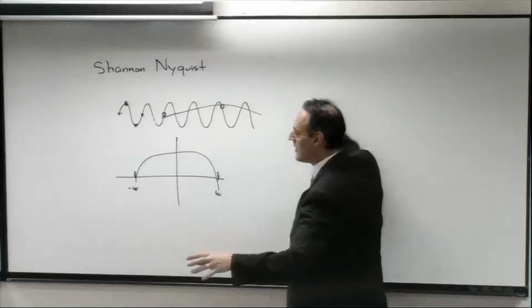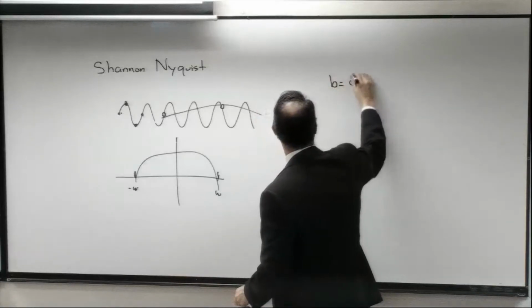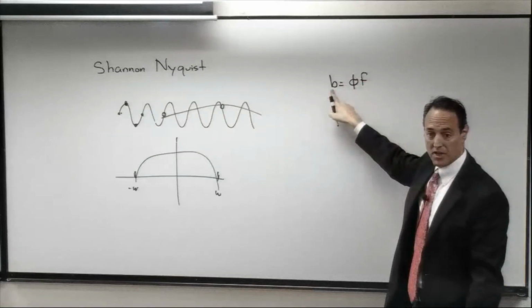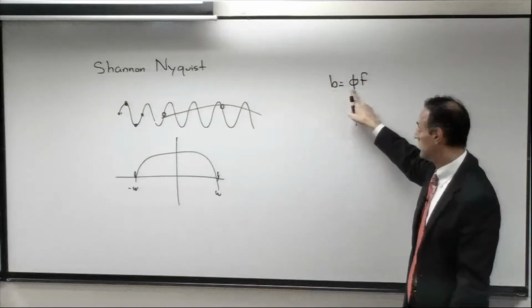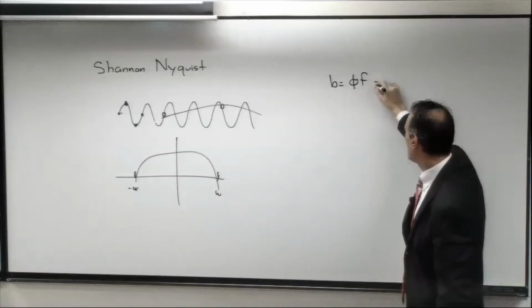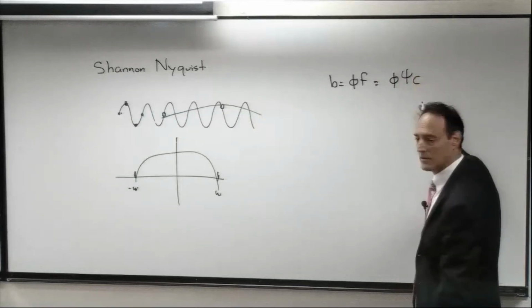Here it is. Ready? I have a signal. Actually, here's my measurement, which is a small set of measurements of the full signal. There's my measurement matrix, which tells me which ones I'm measuring. F. But what's F? F can be represented like this.